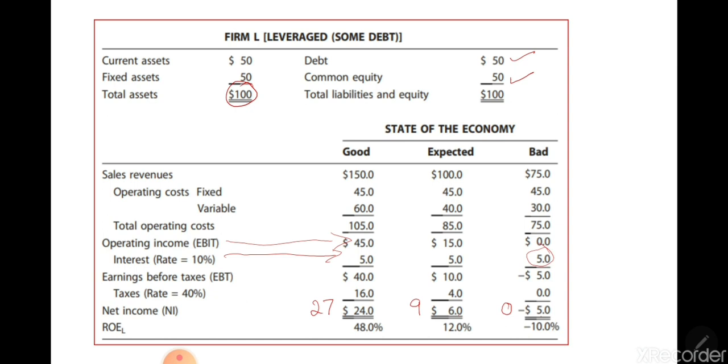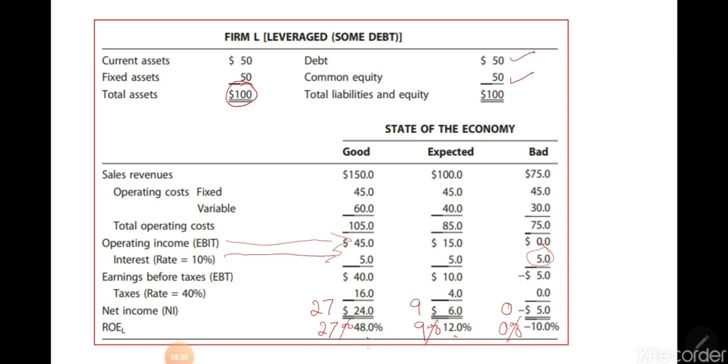But now if you look at the return on equity, you can see that where there was a 27% return on equity, now there is a 48% return. Where there was a 9% return, now there is a 12% return. But where there was a 0% return, now there is a negative 10% return.